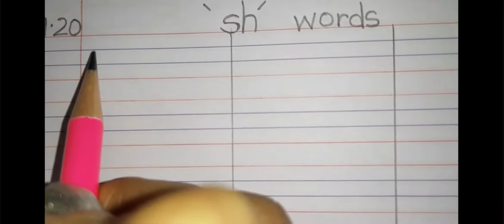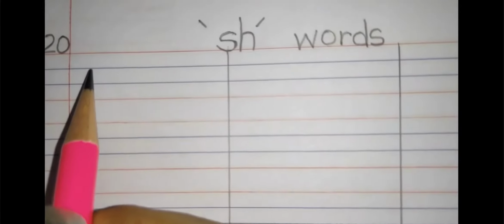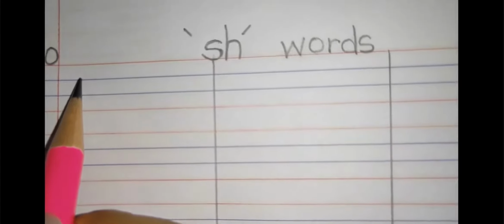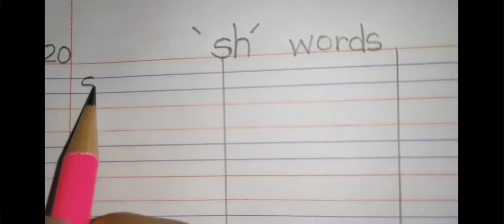1, 2, 3. First word is ship. S-H-I-P. Ship. First we have to write S. For writing S, first we will make C curve and reverse C curve between blue lines.